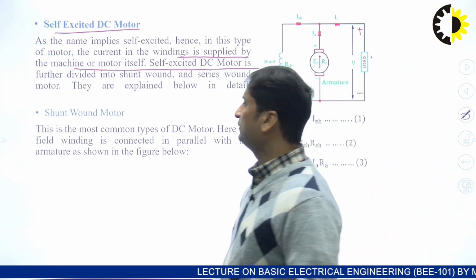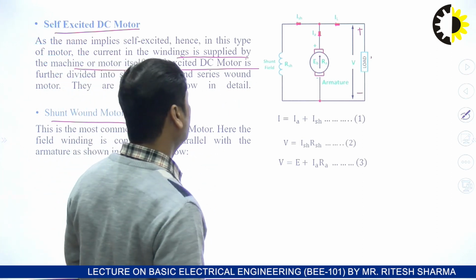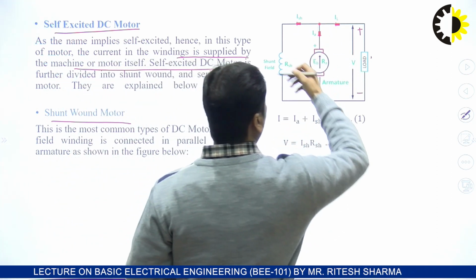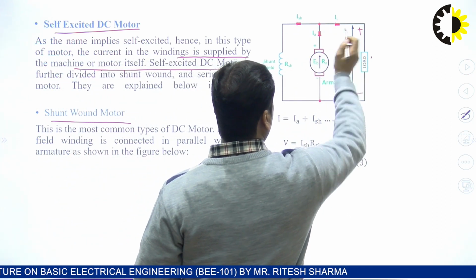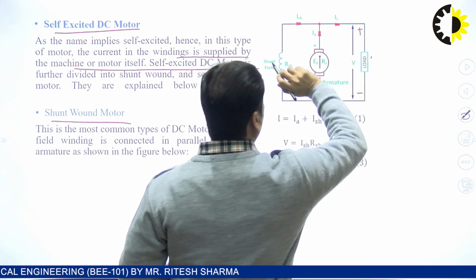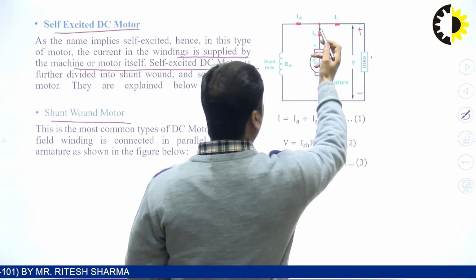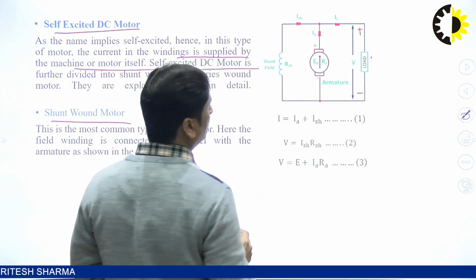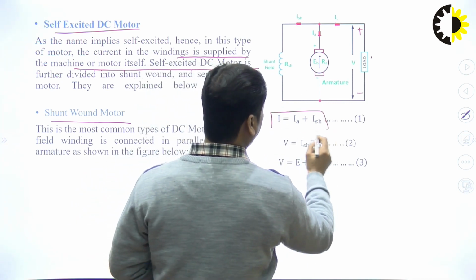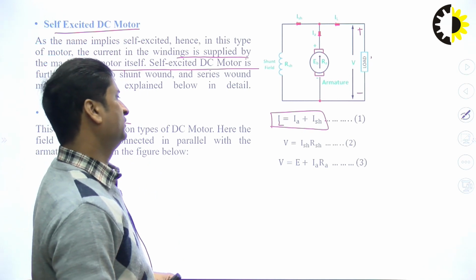In case of a shunt wound motor, suppose the total current is the load current, or the line current rather. The line current is equal to the current going in the armature plus the current in the shunt field winding. So I equals Ia plus Ish.